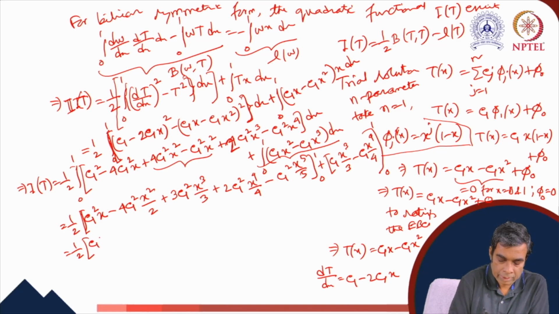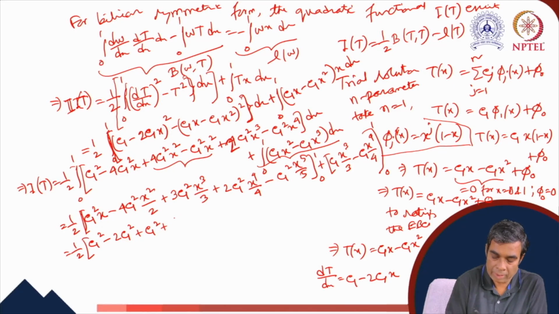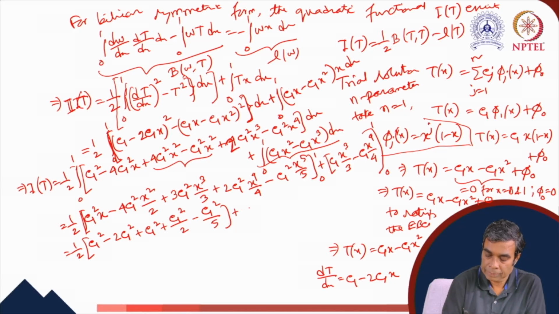So it is c1 square minus 2 c1 square plus c1 square plus c1 square by 2 minus c1 square by 5, plus c1 by 3 minus c1 by 4.